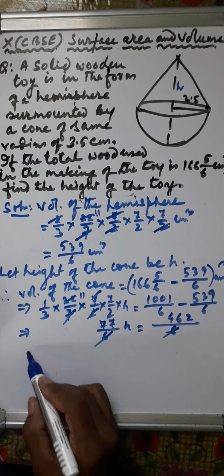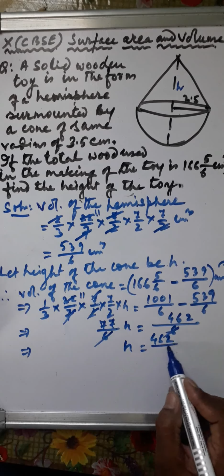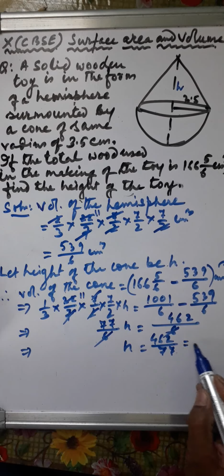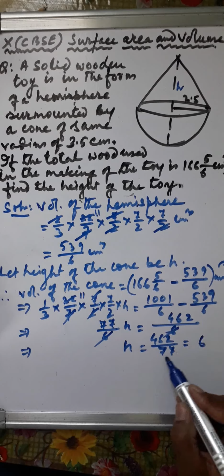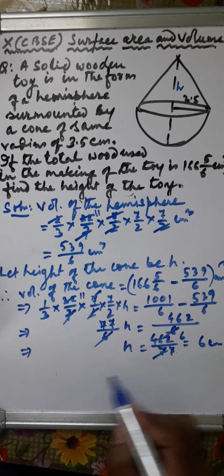Cancel 6 and 6, so you are getting h is equal to 462 by 77. You can cancel it completely, and it is equal to 6 centimeter.